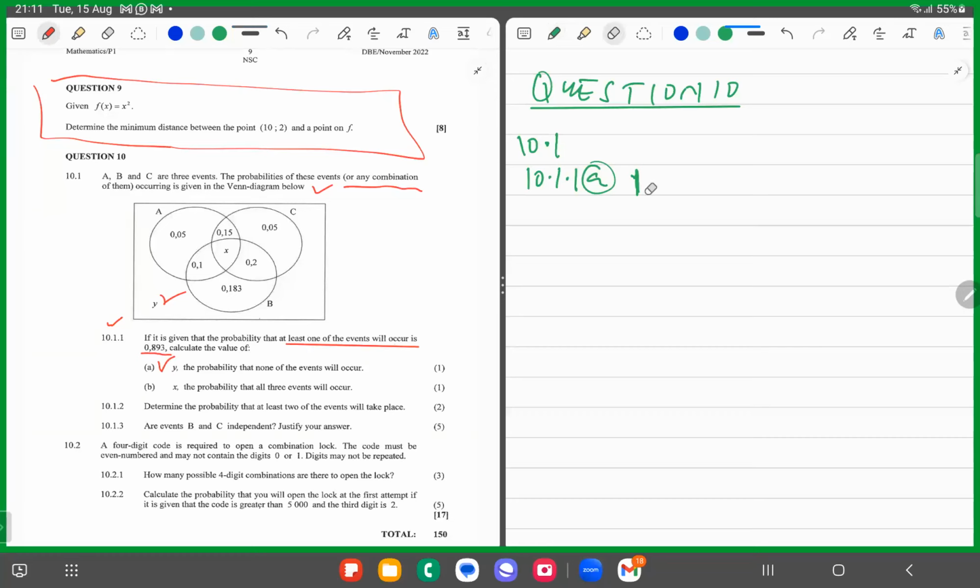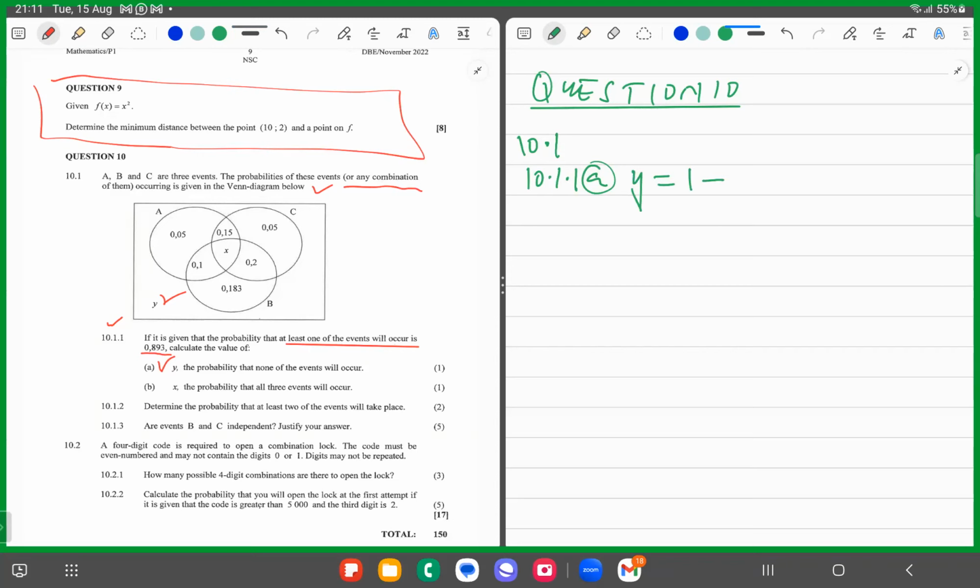So in other words, y is going to be the probability of everything minus the probability of at least one of these.